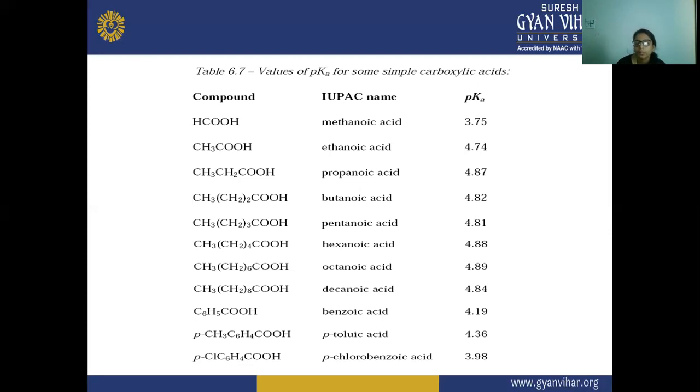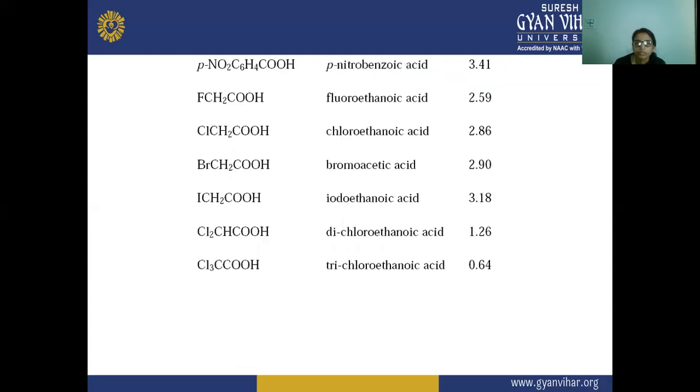But next is para-chlorobenzoic acid, having 3.98, because chlorine is an electron withdrawing group attached on the para position of the benzoic acid. That is why its pK value is 3.98. Next is nitrobenzoic acid, having 3.41.